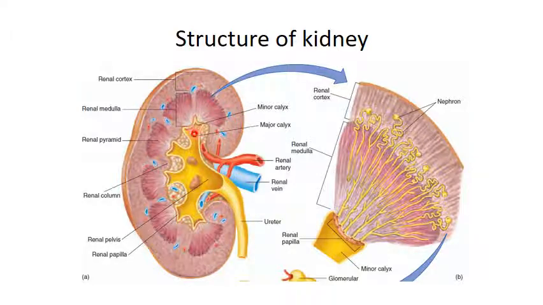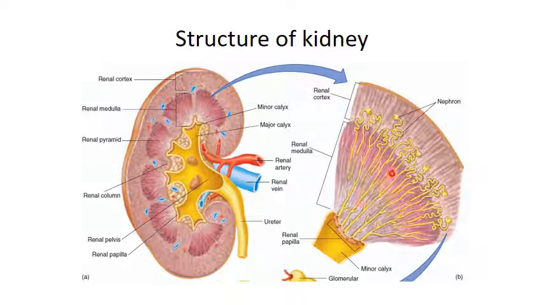Now numerous minor calyces join each other and open into a major calyx. Then numerous major calyces join each other to form a funnel-shaped structure called as renal pelvis. And then urine from renal pelvis is drained into the ureter. This diagram is showing you one renal pyramid surrounded by a part of renal cortex.